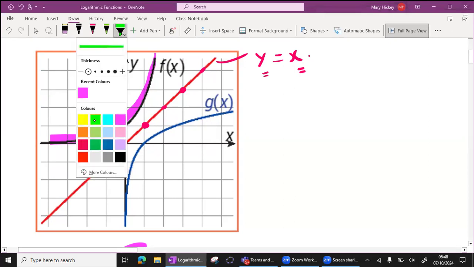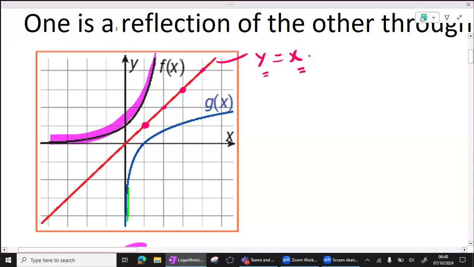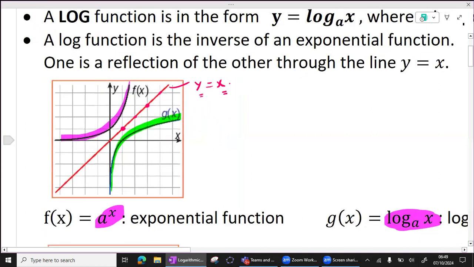And remember, I always think of the log graph as looking like the branch of a tree, which makes sense because logs come from trees. So think of our exponential as our tick or our slide, and our log as our branch of a tree. That green one is the log, and the other one is the exponential function, but they are inverses of each other. So the one is a reflection of the other in the line y equals x.